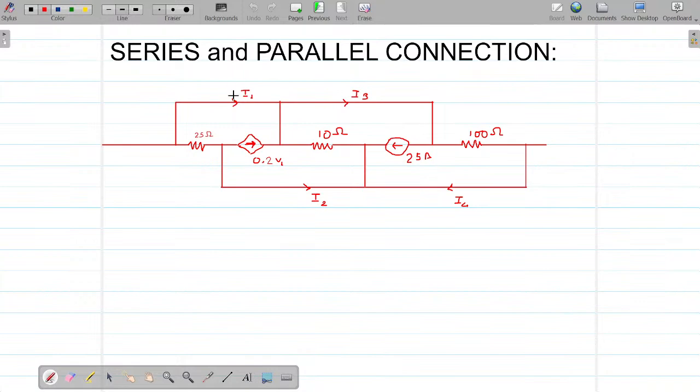The question is asking you to determine I1, I2, I3, I4. Okay, so this is what the question is demanding, and you have to solve it. So tell me, what is a series connection?